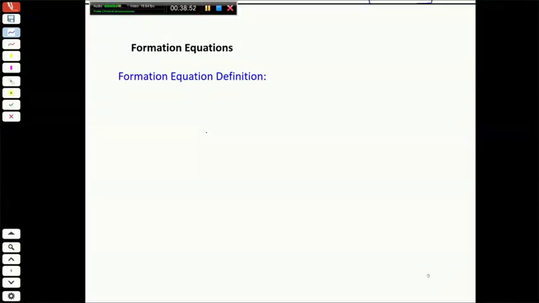First we need to define formation equations, and they have a very specific format that we want to be able to recognize. It's a chemical equation that shows the formation of 1 mole of a compound.